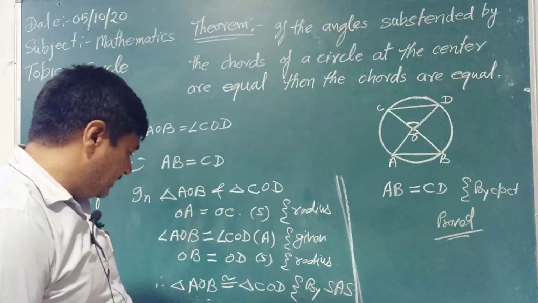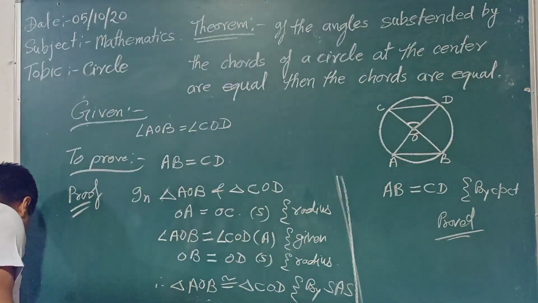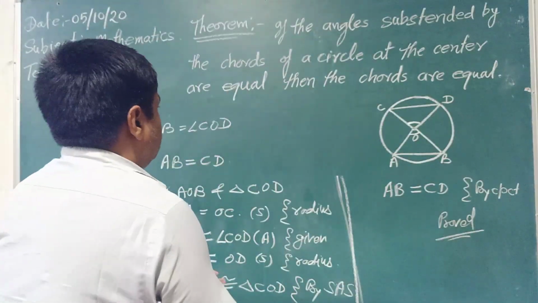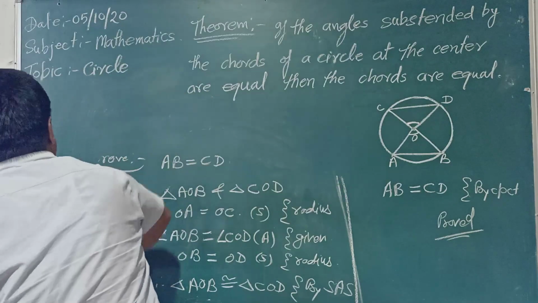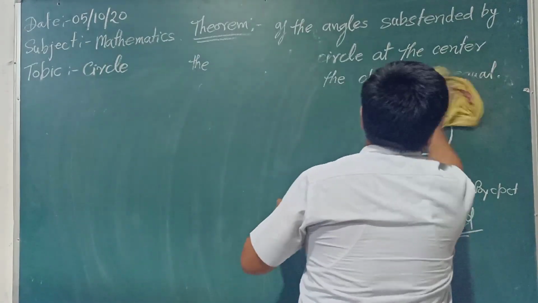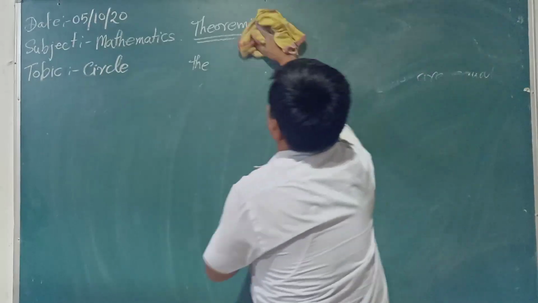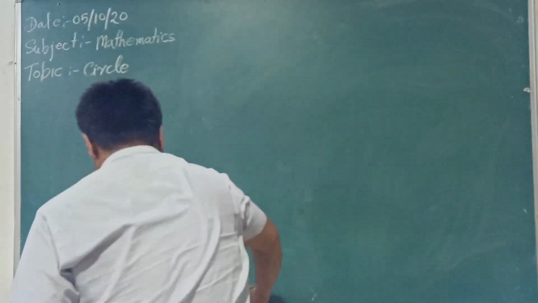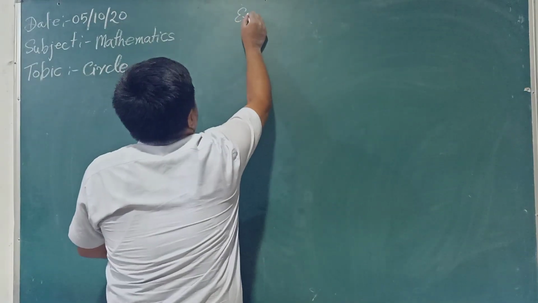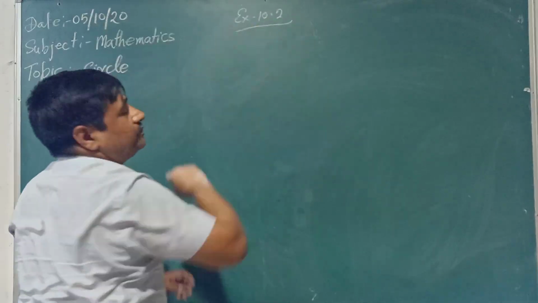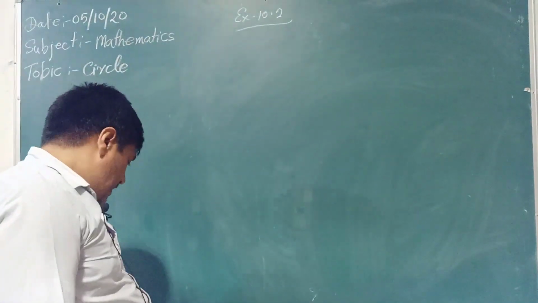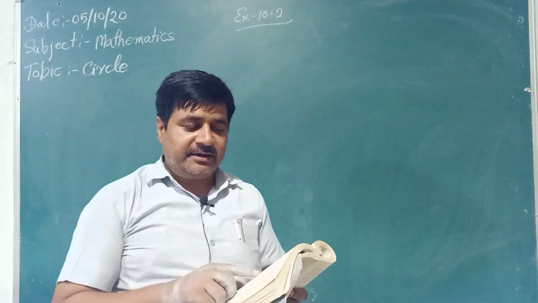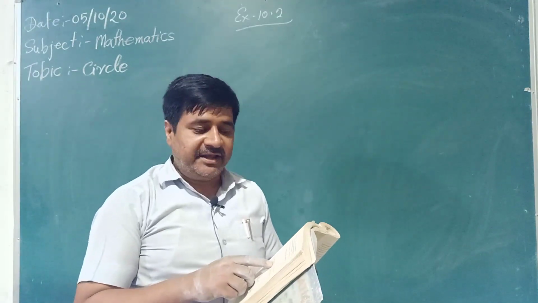Now next come to the exercise 10.2. Recall that two circles are congruent if they have the same radii.